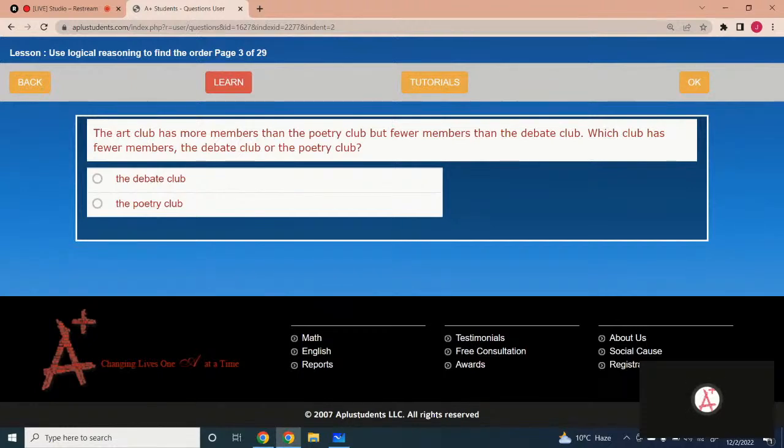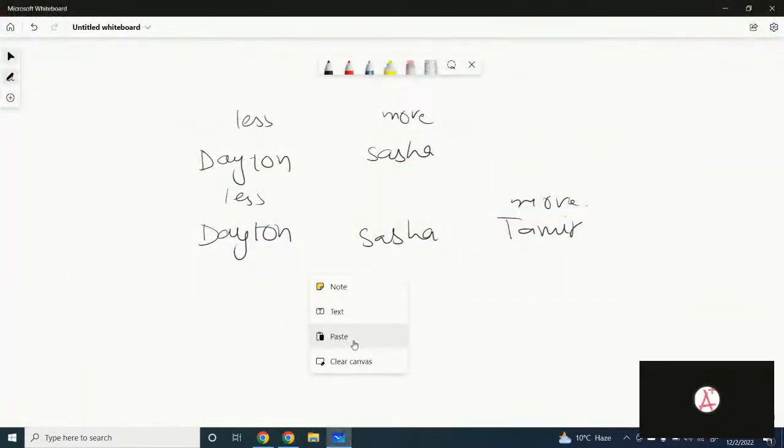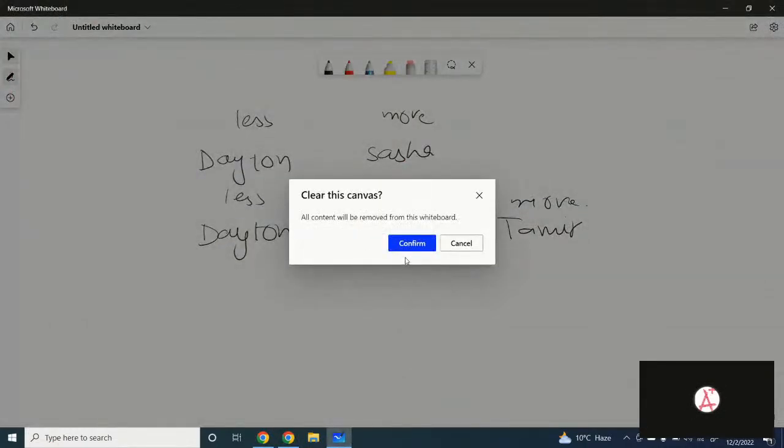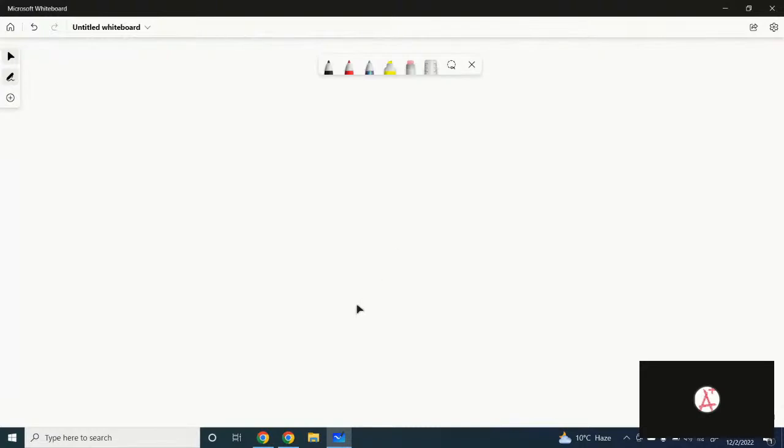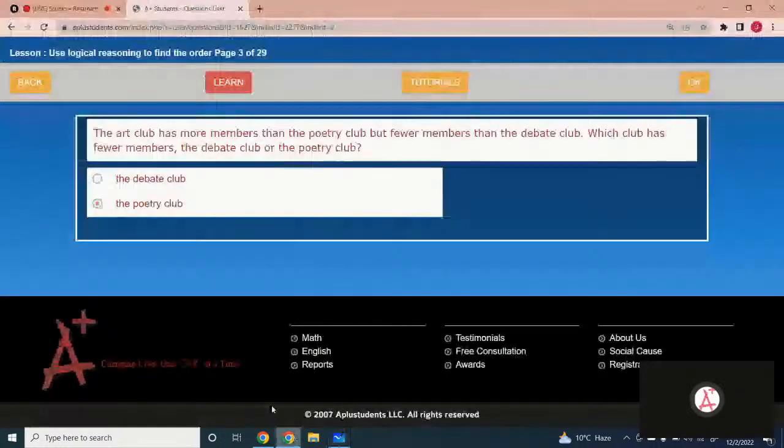It would be the poetry club. Let me explain how. Yes, it would be the poetry one. Got it? So just select the correct option and then click on the OK button, because the poetry club has the fewer members. Got it?